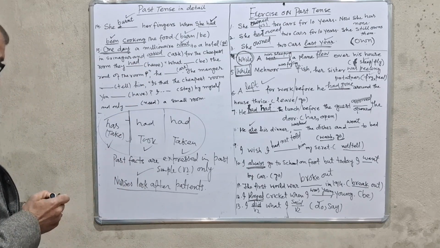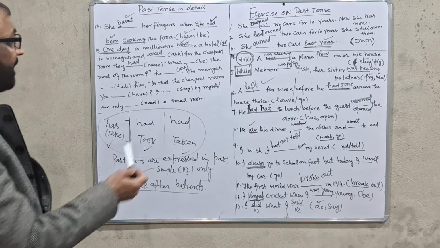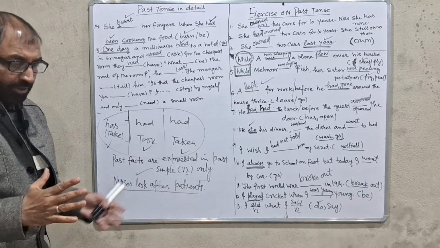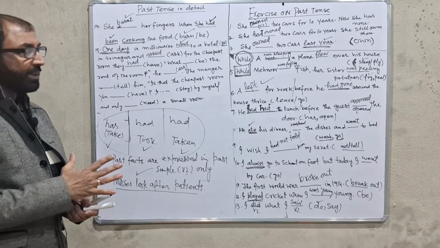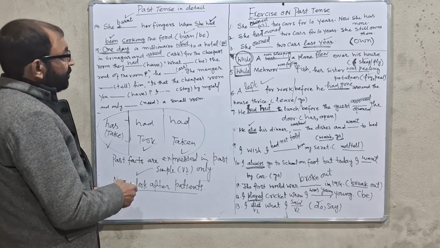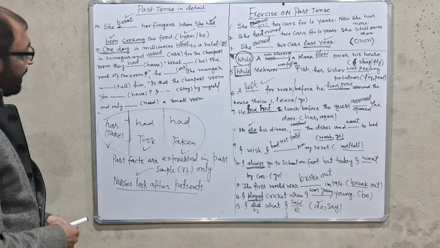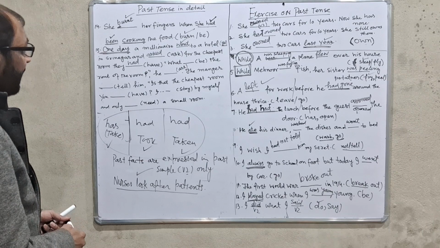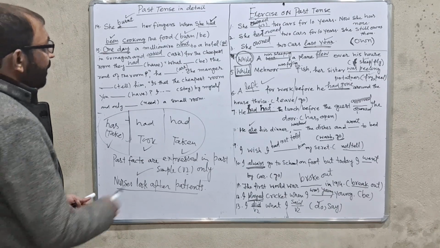Now the style is conversational. Conversational style means that the speaker and the listener are face to face. Who is the speaker and listener here? Sometimes the speaker is the customer, and sometimes it is the manager of the hotel.